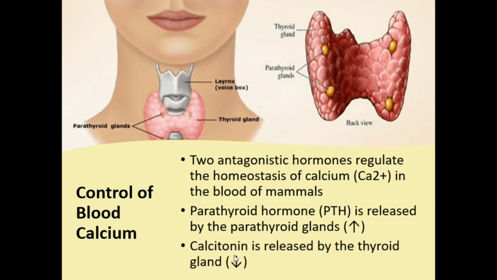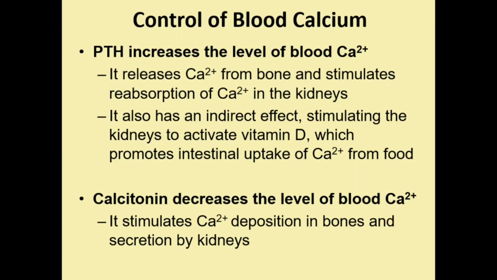And then the opposite of that is calcitonin, which is released by the thyroid gland, and that is responsible for lowering the blood calcium levels. So between these two, they work antagonistically to regulate our blood calcium levels to keep them within homeostatic levels.